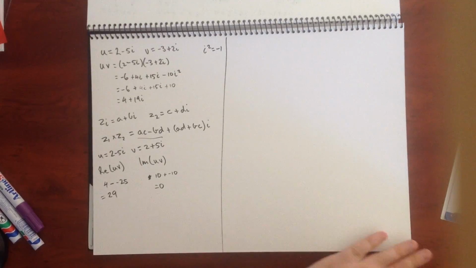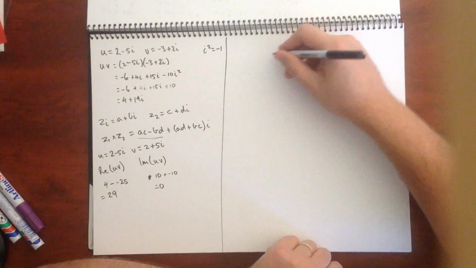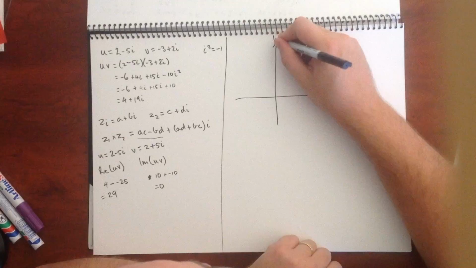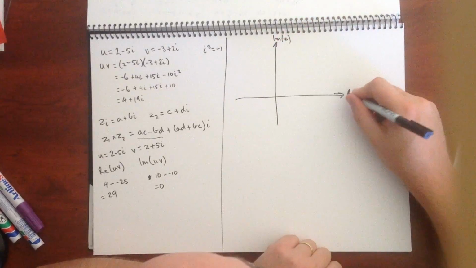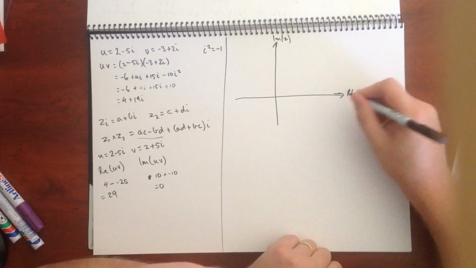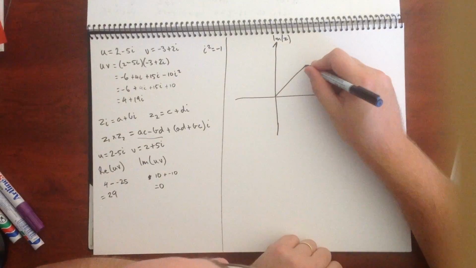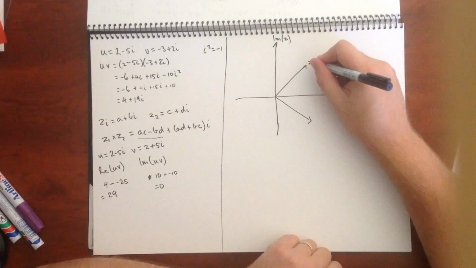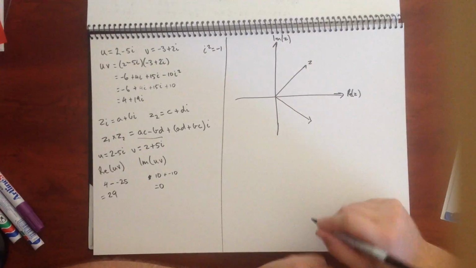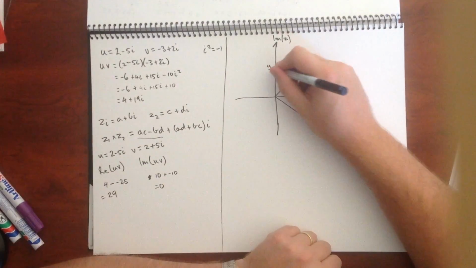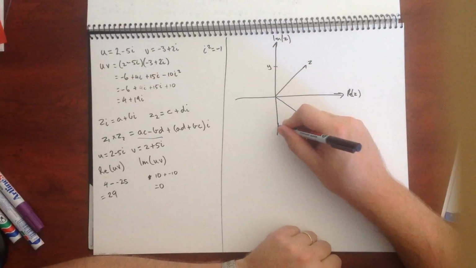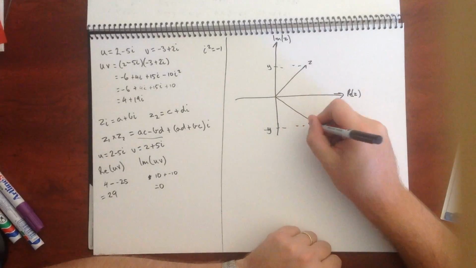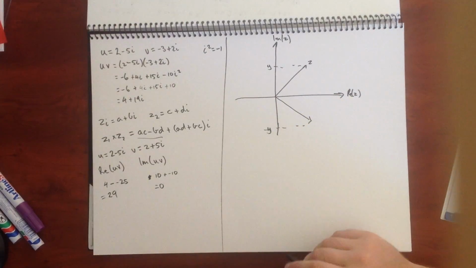So if we do it graphically, with our imaginary part on one axis and our real part on the other, then what it looks like is this. Up here we've got our y, and down here we've got negative y, so they completely cancel each other out in the imaginary direction.